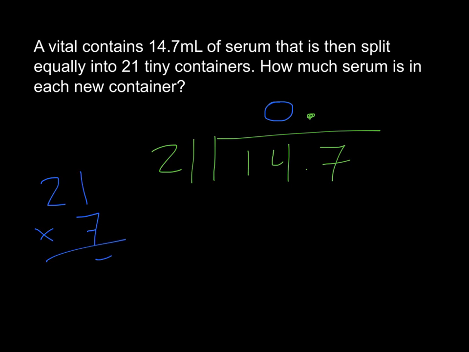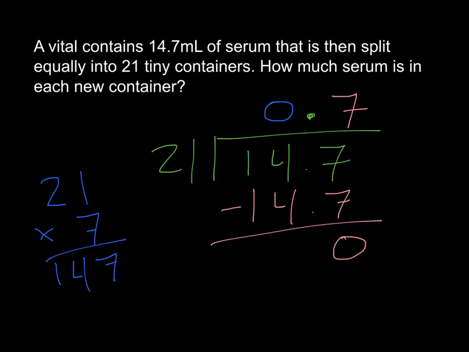7 times 1 is 7. 7 times 2 tens is 140. And it does bring me to where I need to be. So 21 times 7, or rather in this case, 21 times 7/10 is exactly where I need to be.